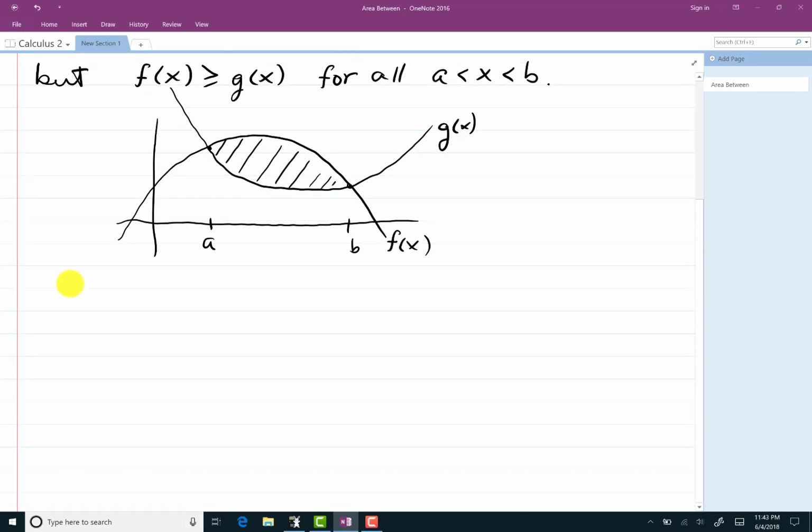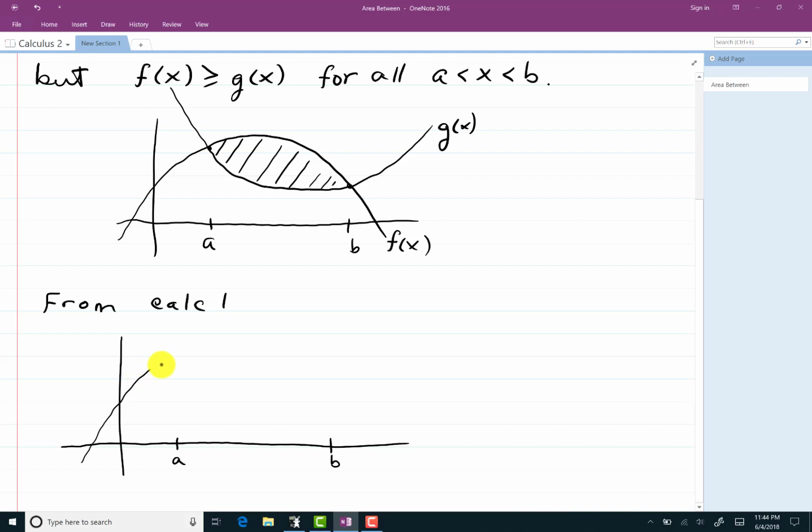So you'll remember from Calc 1 that if I have a continuous function defined on an interval from a to b, just to make this work, I'm going to make my function be the same one that I'm talking about above.